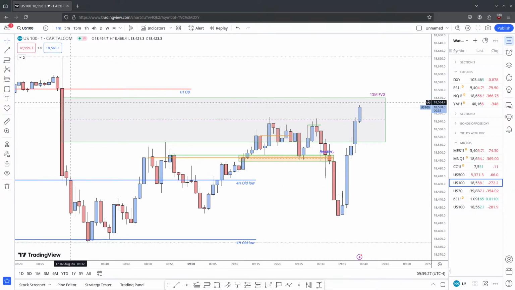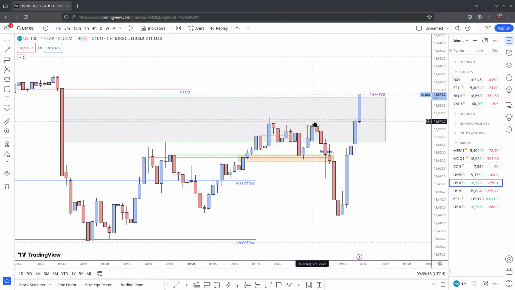looking for price to go higher into this liquidity void. You could have been looking for a short idea inside this 15-minute fair value gap. Price hit consequent encroachment, hit it again, tanked off lower, high, low, higher high, breaker block.